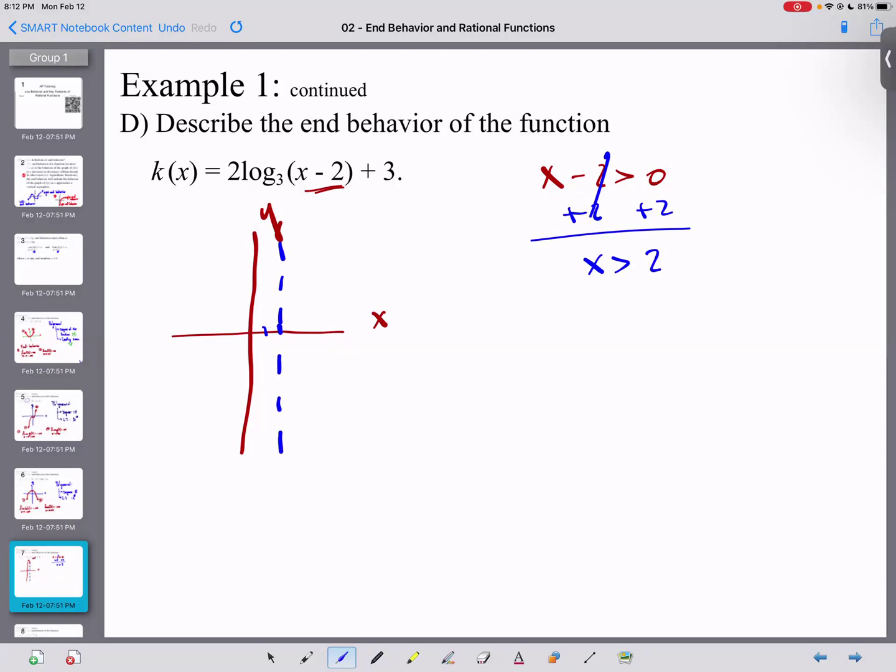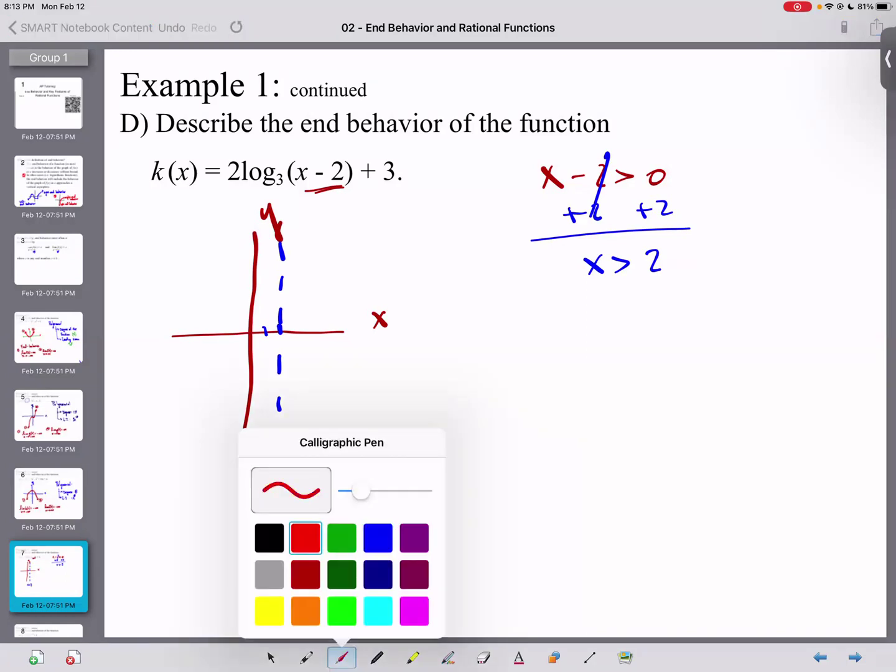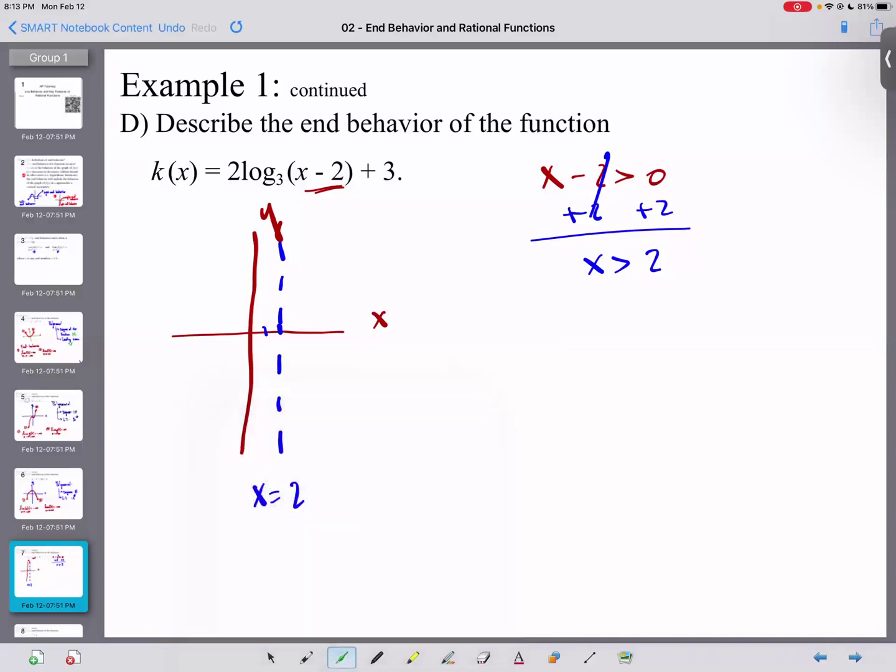So it's going to be on the right side of that vertical asymptote, x equals 2, that I just graphed there. And logarithms, if you remember, have a range of all reals. Because this is a positive logarithm, it will go up and to the right, and it looks like that. So that would be the graph of k of x there.